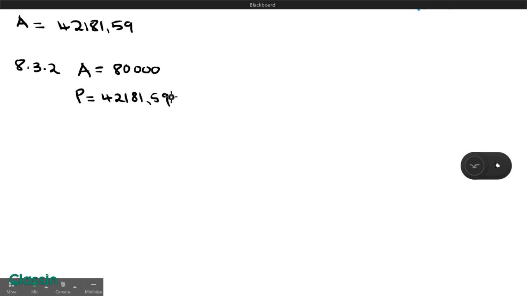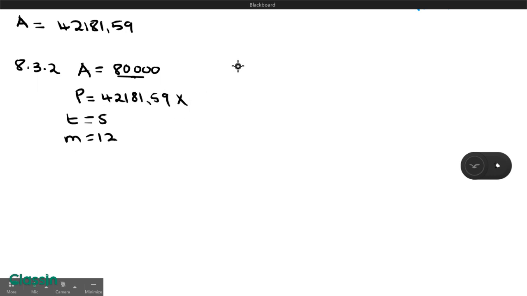But he invests this money for a period of 5 years, compounded monthly. So now, if that is the case, the question is how much must this person invest for a period of 5 years so that he ends up with 80,000. So it means that we are going to ignore this.